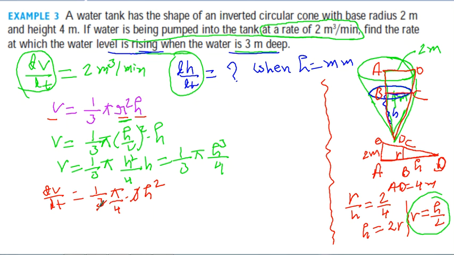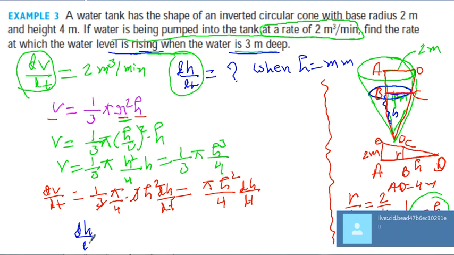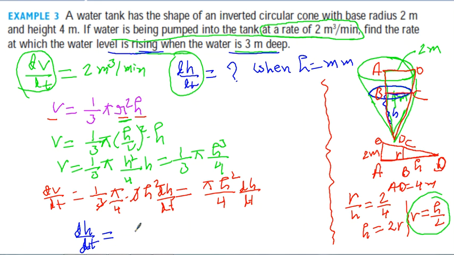Now 3 and 3 can be cancelled, and this will be πH²/4 into dH/dt. Now, what is the value of dH/dt?